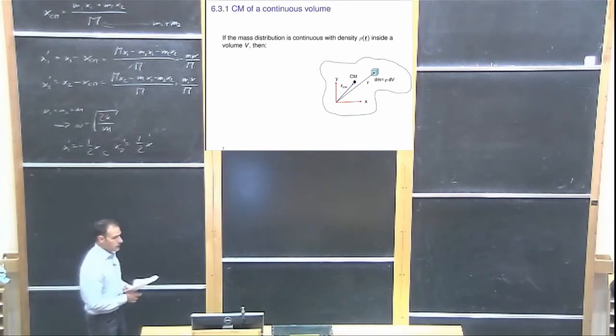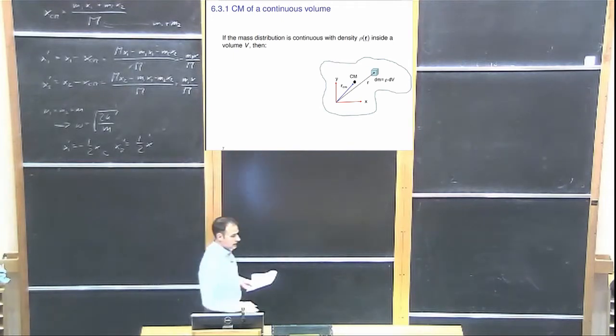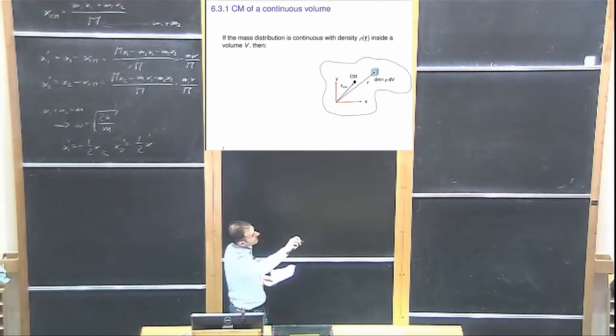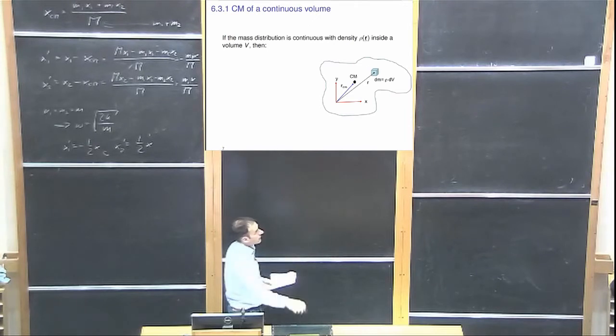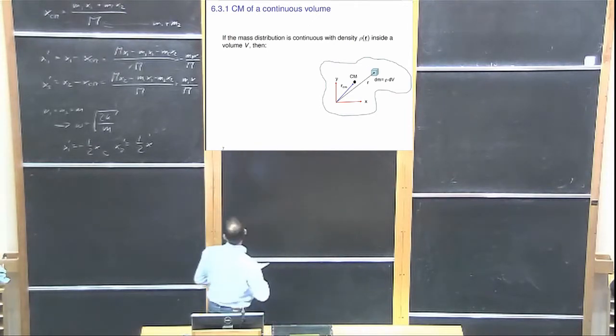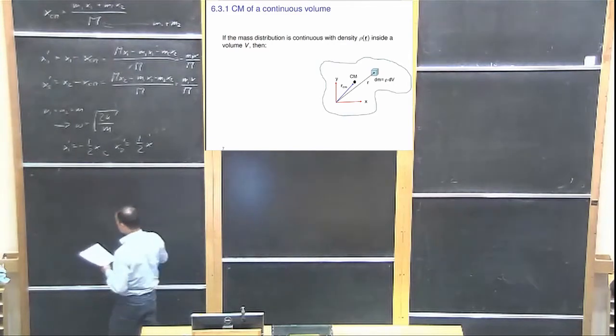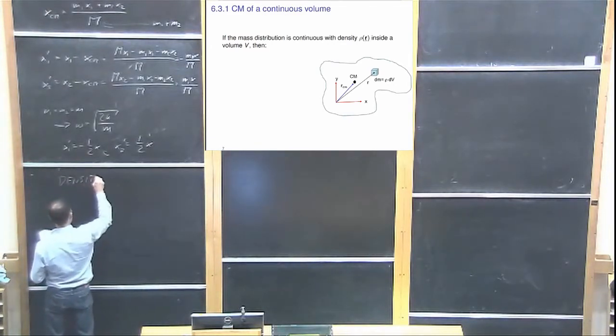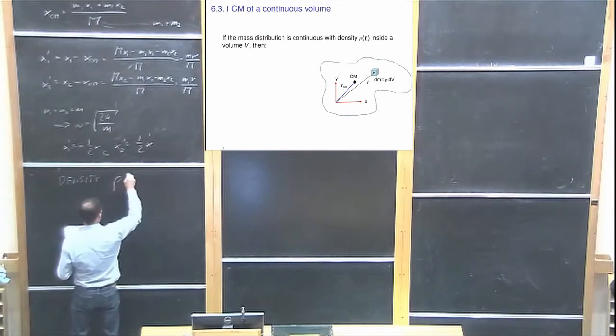Now, instead of those point masses, we have a continuous distribution of masses. Say we've got a body like that, with a coordinate system. We want to find out where the center of mass is, and we have a density that is a function of r. So we've got the density rho as a function of r.